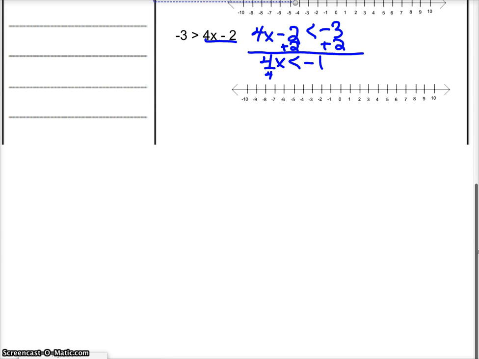Now here's, be careful, don't put it at 4, it's -1/4, which is like 0.25. So x is less than -1/4, and this is where you just make a rough estimate. Look at how ugly my rough estimate's gonna be. It looks like it's the whole first half, but it's not.